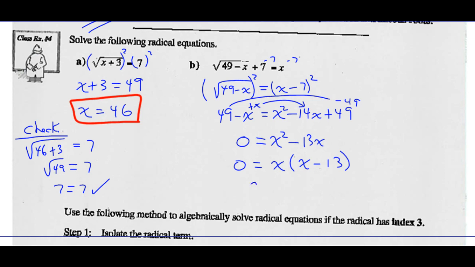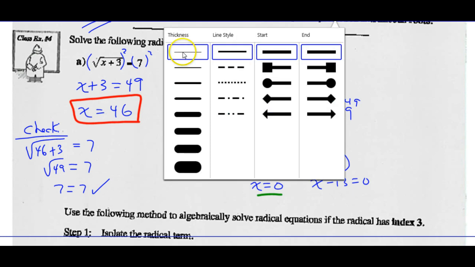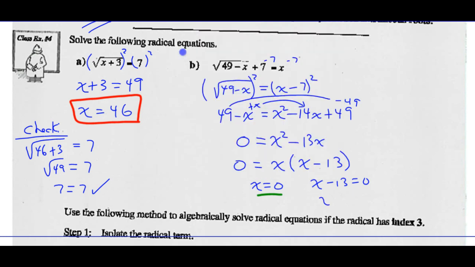Same thing's true. Set each factor to 0. So x can equal 0 or x minus 13 can equal 0. Well, this is already one of the solutions. The other solution would be adding 13 to both sides of this equation. You get x is 13. Well, we're not sure if they're good yet until after we verify them. So let's do a quick check.